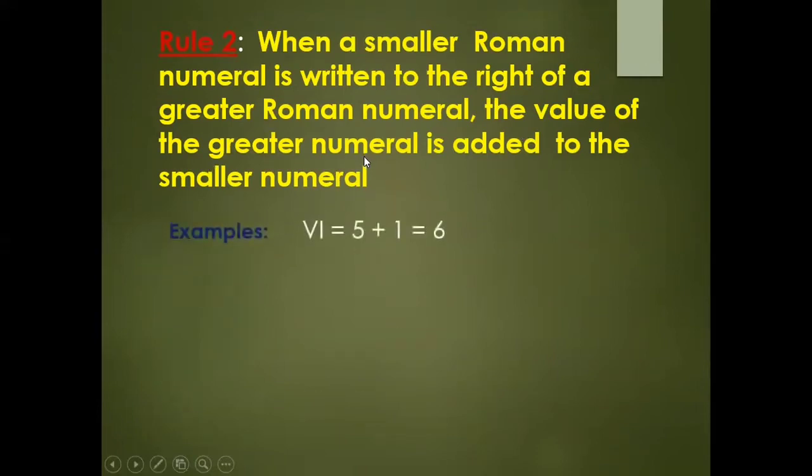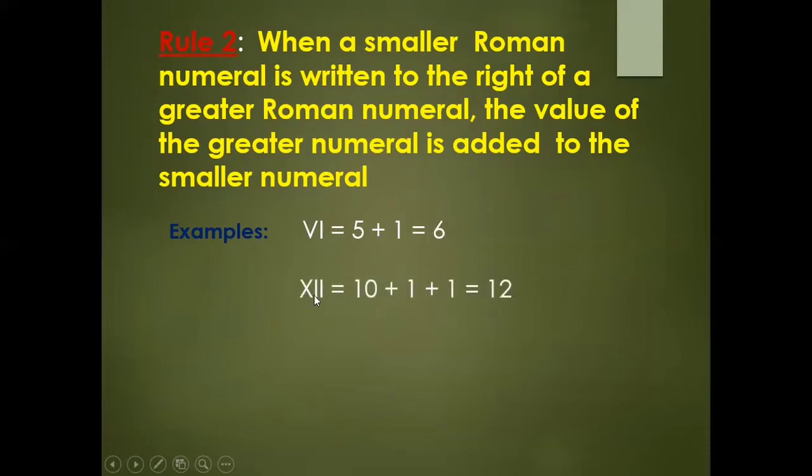Let's see the example. VI. We know that the value of V is 5 and the value of I is 1. So since I has a smaller value than the V and it is on the right hand side, we'll be adding both the values and we'll get this Roman numeral as 6.